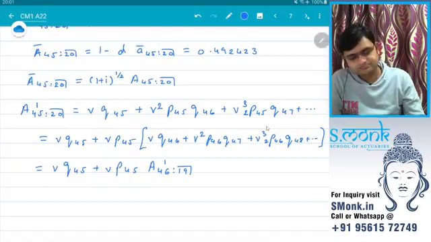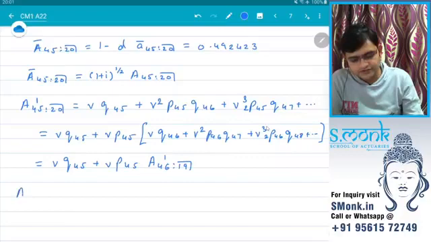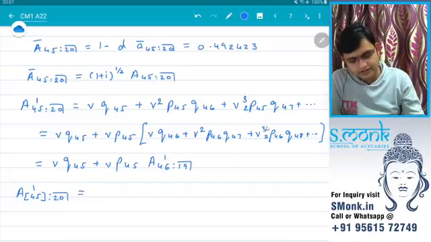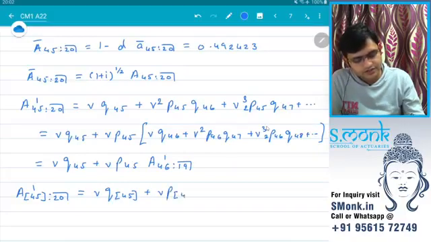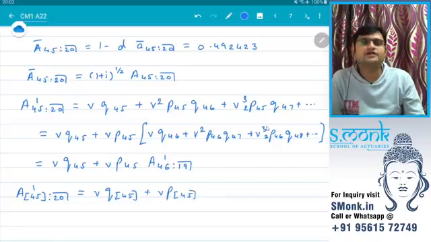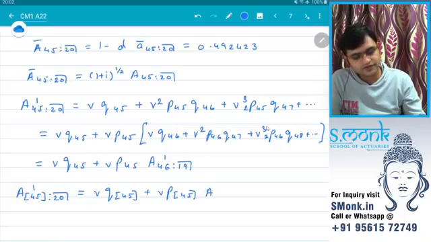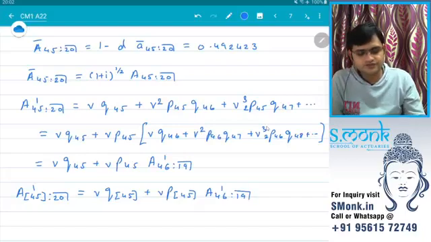Now, if I want to write it in terms of select, A select 45:20 would be equal to, same thing if I write, I will get v q select 45 plus v p select 45, and they said the select period is 1 year. Because the select period is 1 year, 46 will be 46 dash 46.